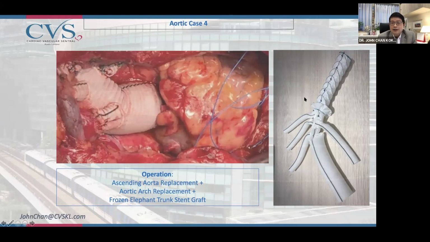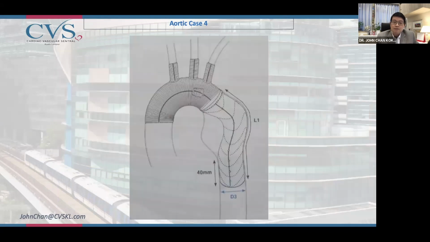And this particular graft has a stent also, which we were able to put into the descending thoracic aorta, because this patient also had an aneurysm of the descending thoracic aorta. So we have grafts nowadays which has made this surgery a lot easier for us to manage.